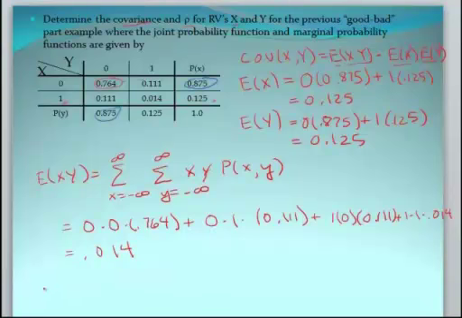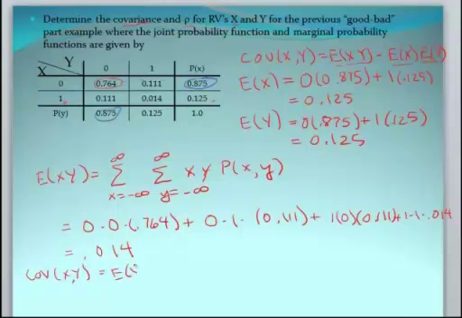So next, we're just going to plug in the covariance of x, y, which is the expected value of xy minus each of those expected values multiplied together.